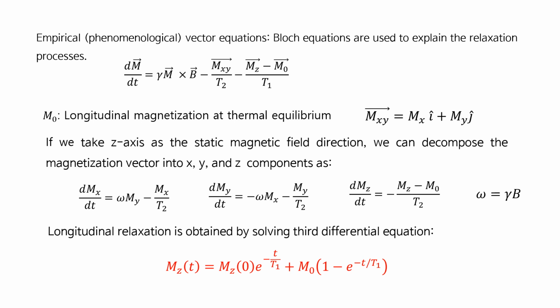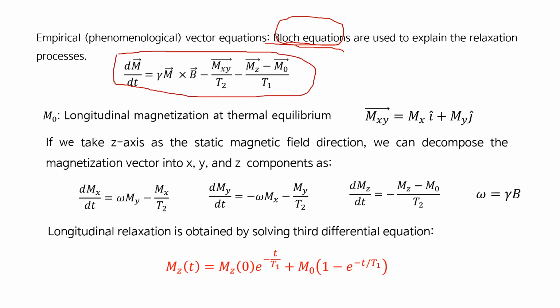The T1 and T2 relaxation can be explained by the empirical vector equation, the Bloch equation, which is given by this vector equation. Here M0 is the longitudinal magnetization at thermal equilibrium, and Mxy is the X component and Y component of magnetization.